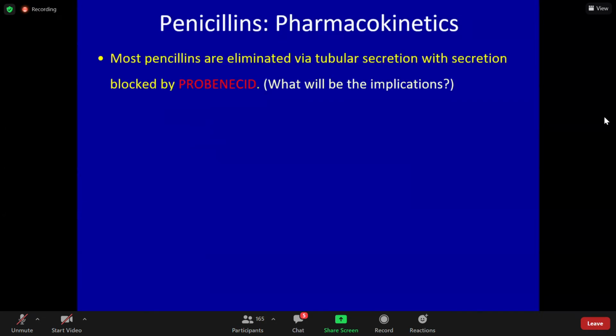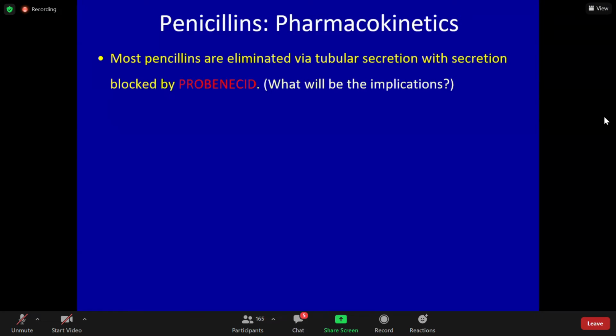Pharmacokinetics of penicillins. Most penicillins are eliminated via tubular secretion, with secretion blocked by probenecid. Probenecid is a drug which blocks the secretion of penicillins from the glomerulus. What will be the implications? Penicillins are excreted from the kidneys through secretion. There is one drug which inhibits the secretion of penicillins so they are not excreted.